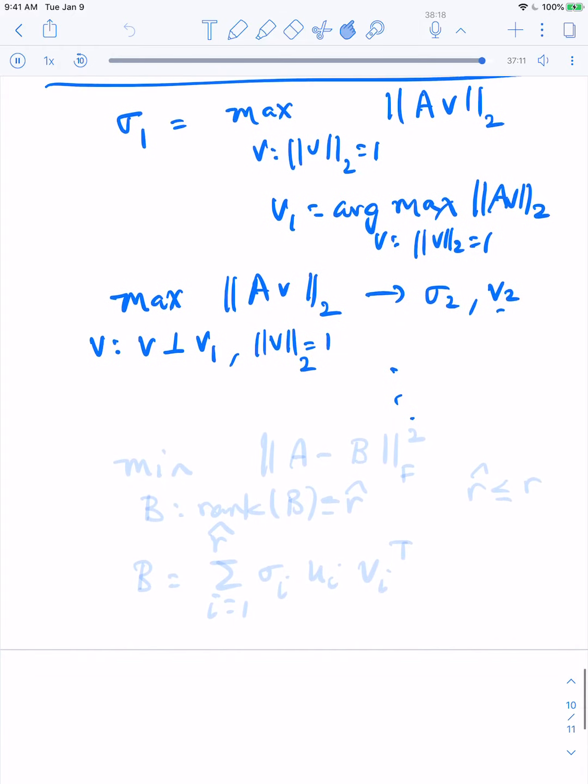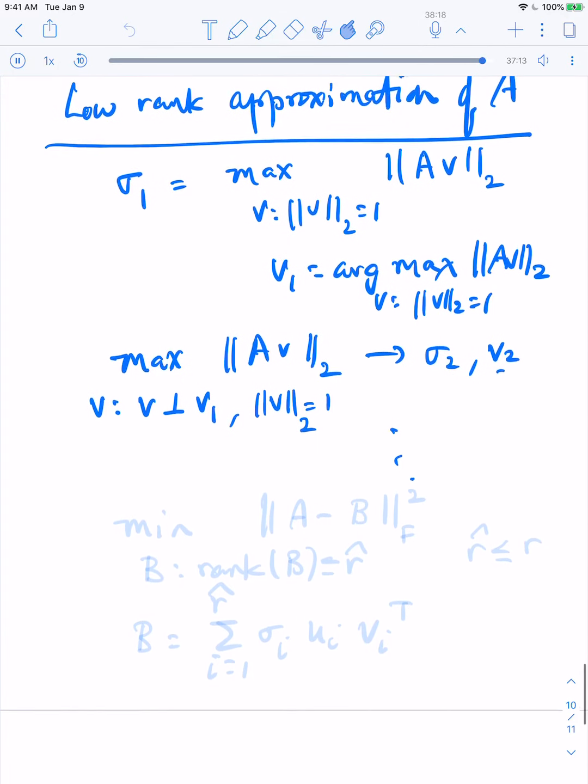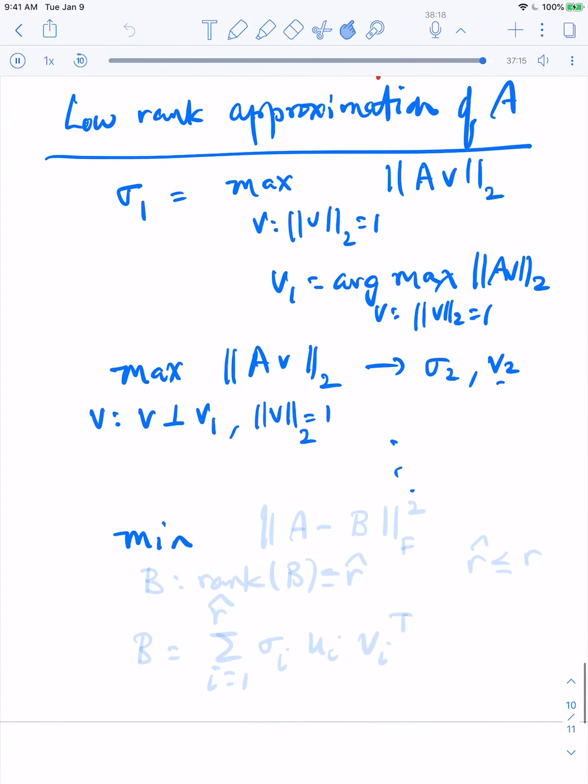And so if you ask me to give you a low rank approximation of A, so minimize over B such that, say, rank of B is less than or equal to some R hat, say the Frobenius norm of A minus B, the answer is actually going to be exactly the SVD truncated at R hat.